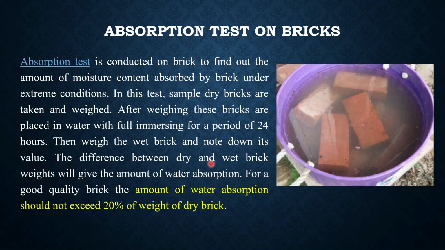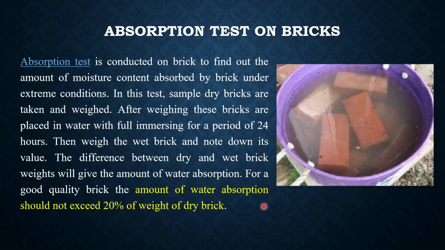So you can see an increase of weight in your brick due to the water absorption capacity of the brick. You calculate the weight after soaking the brick minus your initial weight, which will give you the amount of water absorbed.